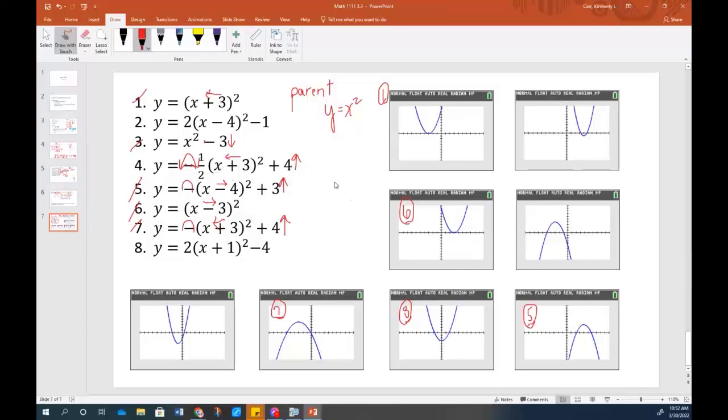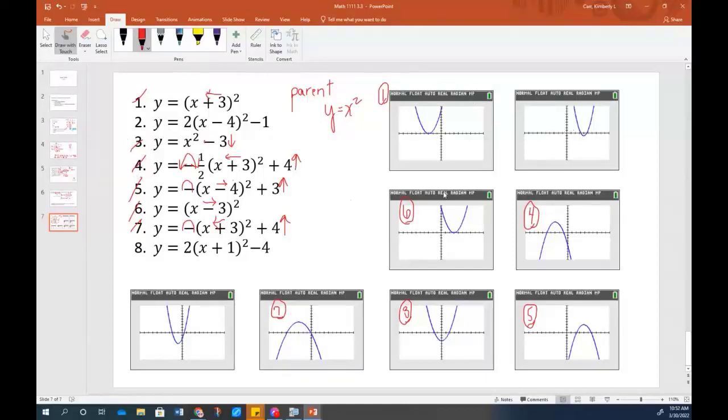So out of the ones we don't have labeled, this is the only one that's still opening down. And it's very hard to see the change in width, okay? That's why I want to save those until the end. That just has to do with kind of how close zoomed in you are. But this definitely has moved to the left and up, and it's opening down. So this one is number 4.